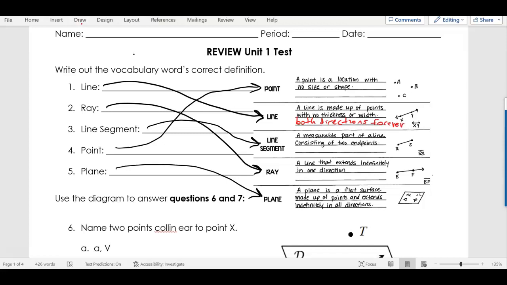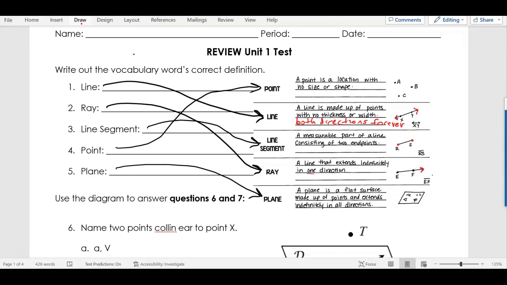That's why they have 2 arrowheads, right? A ray is a line that extends indefinitely in one direction. It has 1 arrowhead. A line segment is a measurable part of a line consisting of 2 endpoints and all the points in between. So the ends are no arrowheads, just 2 dots, right?